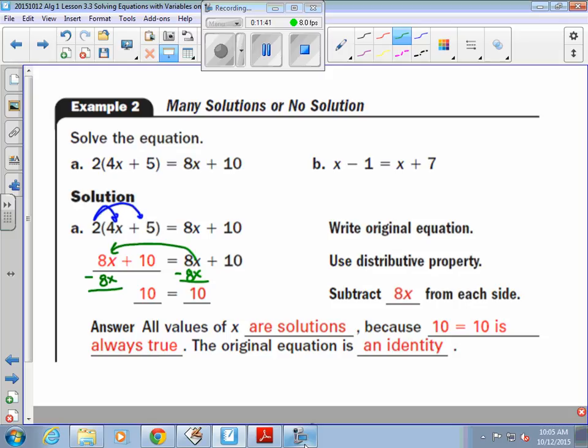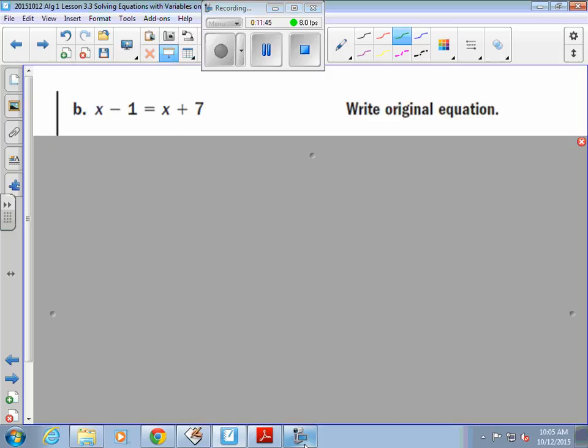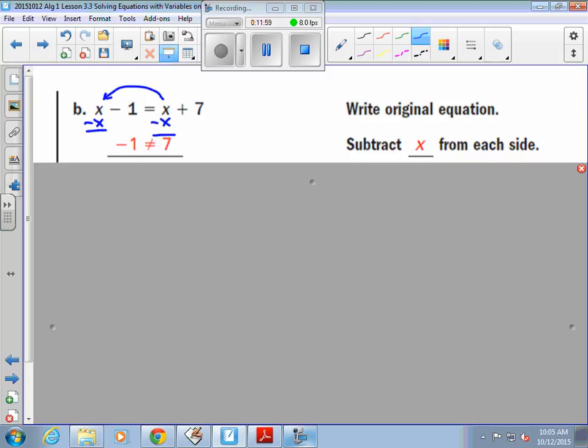Now let's take a look at B. B says x minus 1 is equal to x plus 7. Again, same thing. Let's collect our variables by moving this one over and subtracting the positive x. If you subtract it there, you subtract it here. Now what you have when you do that is something that says negative 1 is equal to 7.